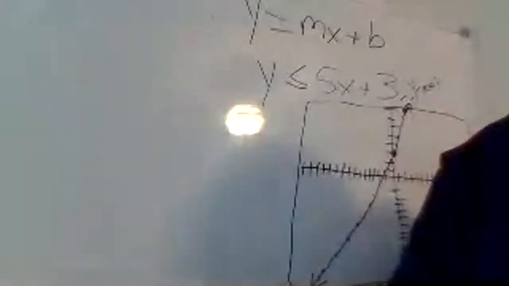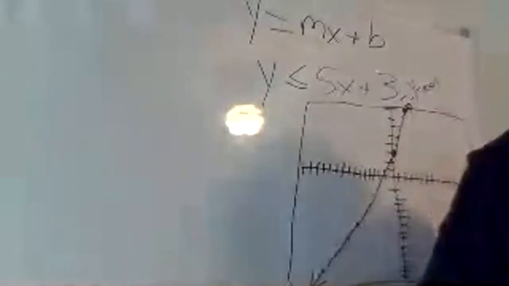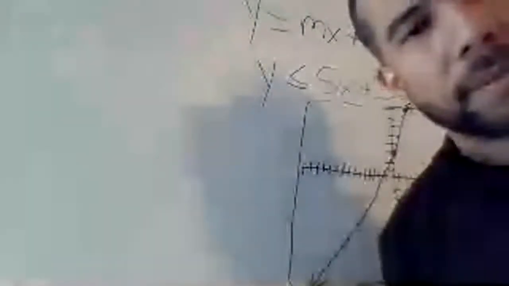So what we're going to do now is it's going to ask us to shade what will work and will not work. And there's a lot of ways to do this. You can plug in the origin. Do you guys remember what the origin was? The origin, and this is going to be important.